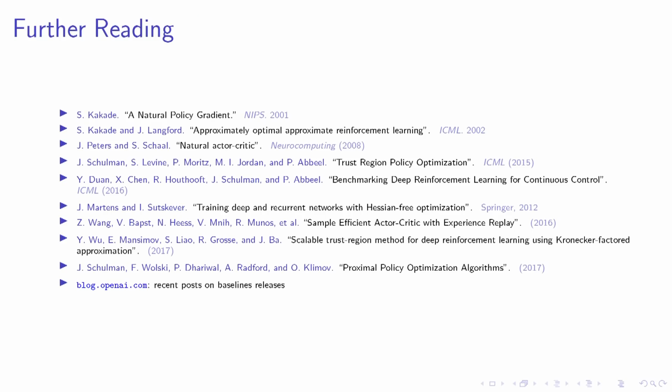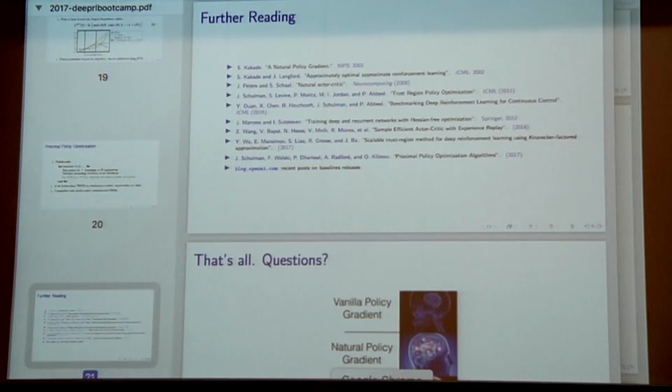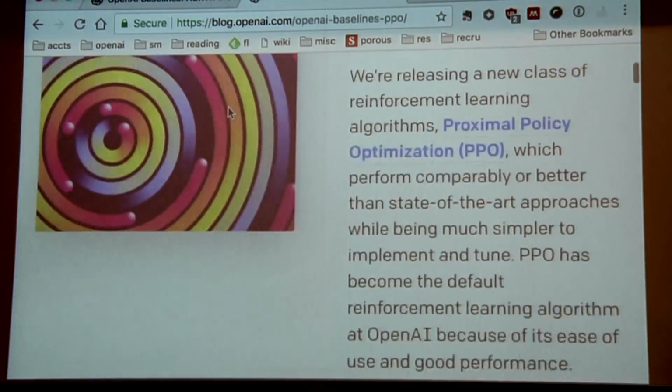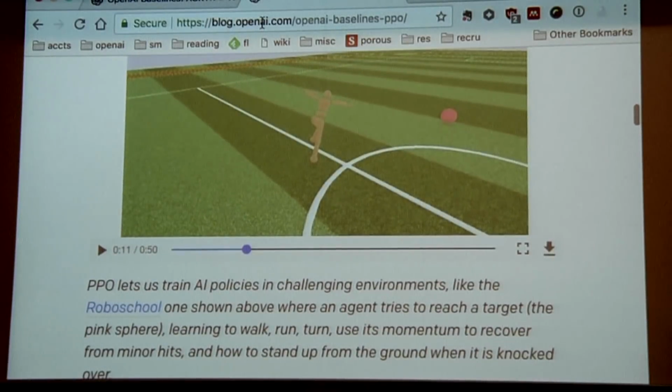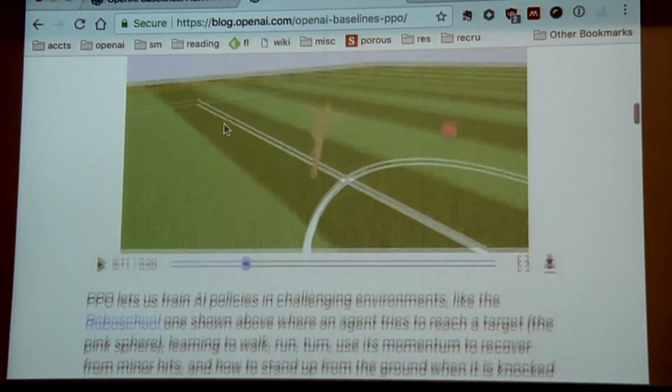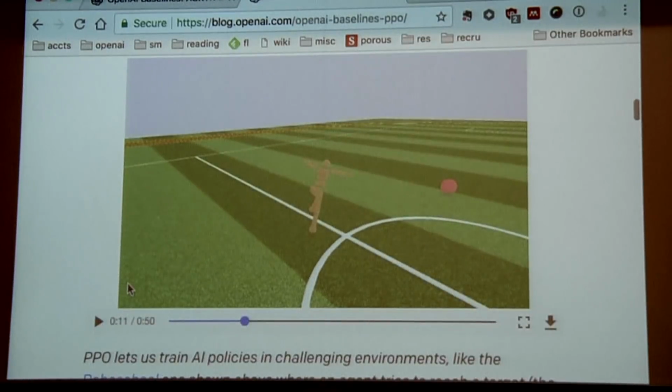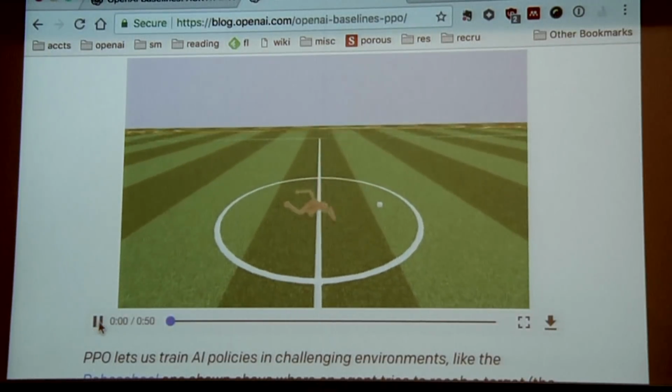Okay, I'll send out the slides, so here are some extra citations on the stuff from this slide. Let me actually just show you a cool video, because everyone likes cool videos. So here's a policy. We had an OpenAI blog post for this algorithm PPO, and we trained this humanoid to run around.